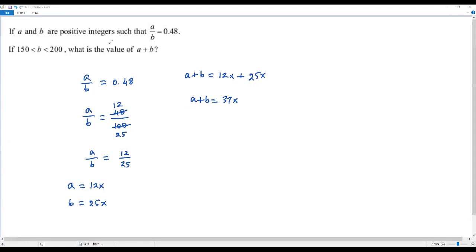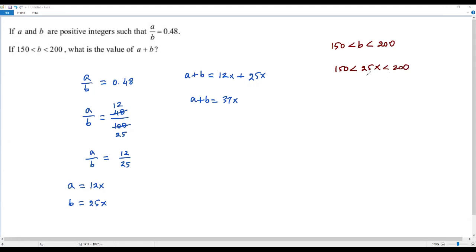Now how do we get the value of x? For that, we can consider the inequality we have for the value of B. Let me write that inequality here: 150 is less than B, which is less than 200. Here we have the value for B, that is 25x. We can plug in 25x for B. Then I'm getting 150 less than 25x less than 200.